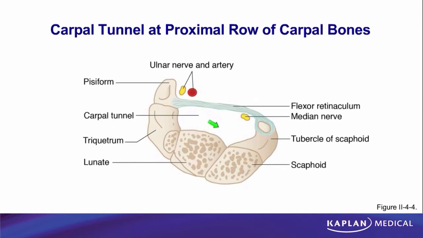Well, the carpal tunnel doesn't have a lot of extra space to spare. Remember, it's filled with tendons and a nerve. And so the structure in the carpal tunnel that's most susceptible to compression when that happens is the median nerve. So dislocation of the lunate is typically an anterior dislocation, which endangers the median nerve in the carpal tunnel.